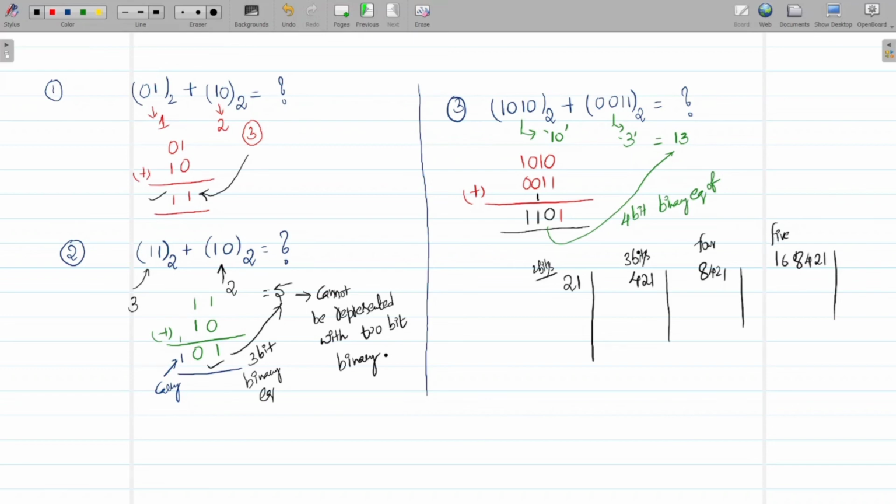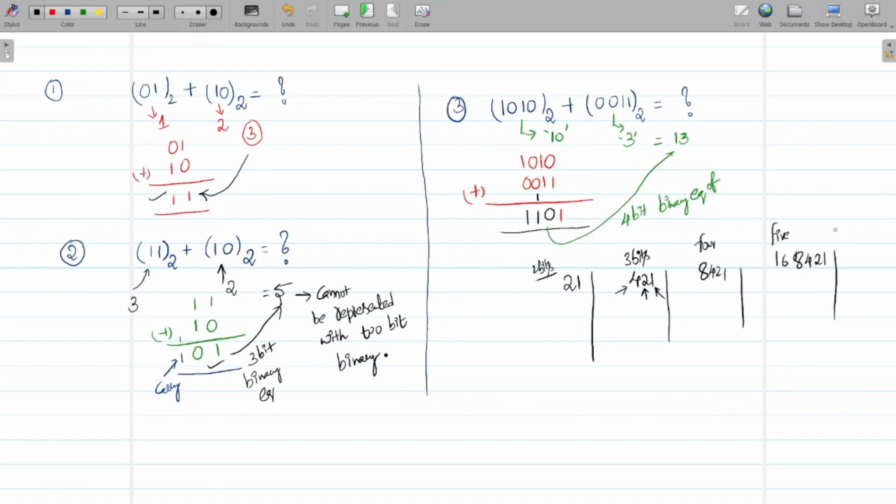Okay, if you have a binary number of 2 bits, you can multiply the MSB with 2 and the LSB with 1, and you will get its decimal equivalent. Similarly, if you have a 3-bit binary, multiplying MSB with 4, next significant bit with 2 and the least significant bit with 1, you will get the equivalent decimal number.